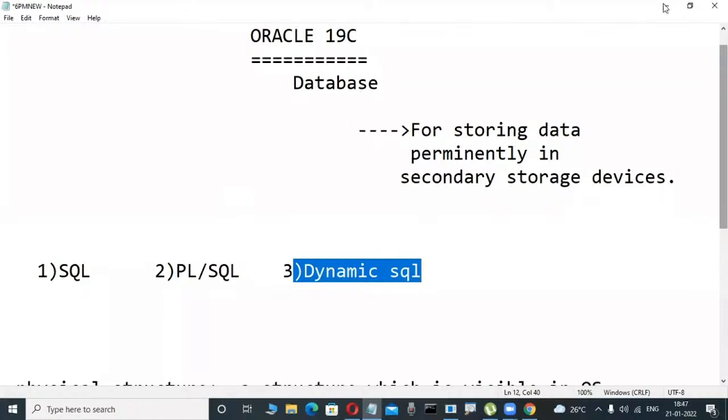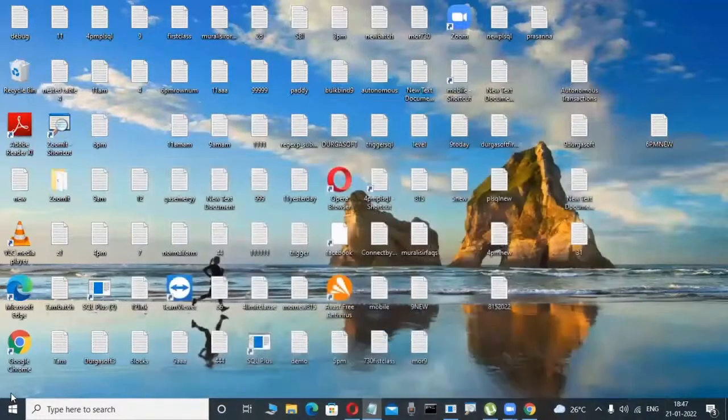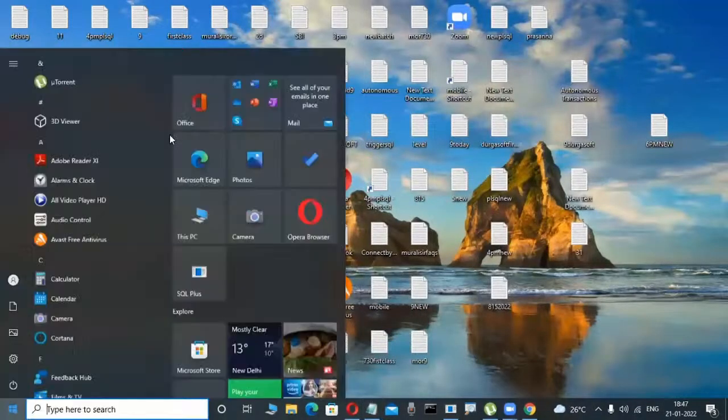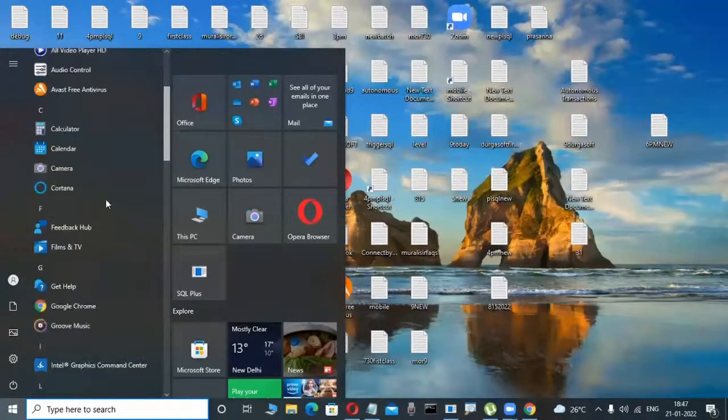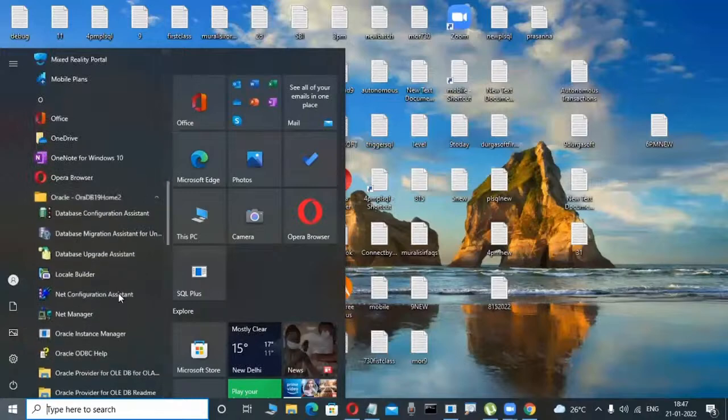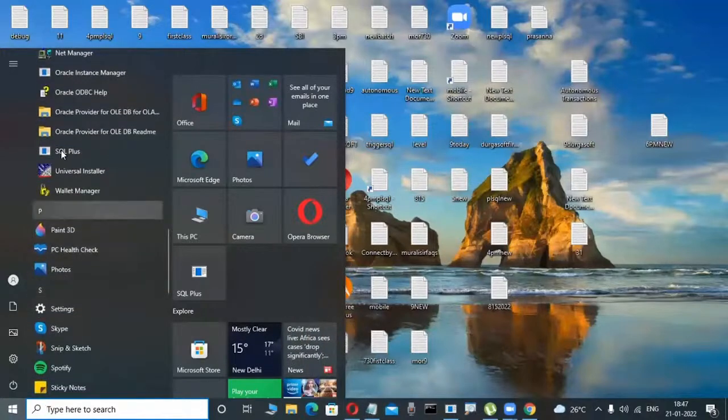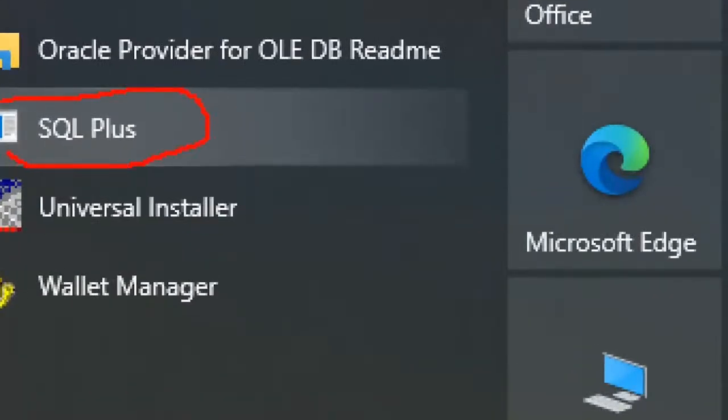Whenever I install Oracle software, the tool is automatically available. Daily through this tool we interact with the server, where the Oracle database is. Those are all the things we learn in our course: what this tool is, what that server is, how it will be connected, what the username and password are. SQL Plus is a tool.